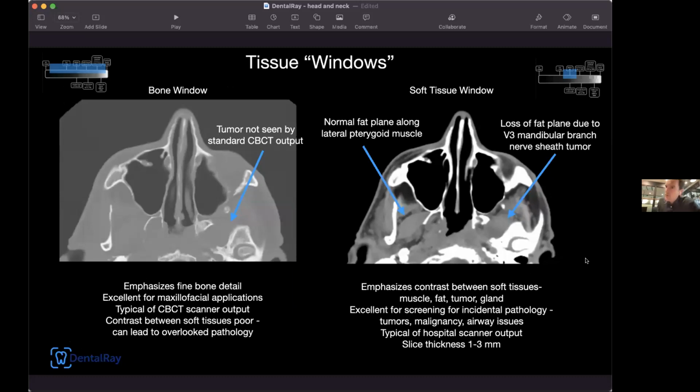When we're looking at cone beam CT, the typical output is, as Dr. Siegel referenced, very high spatial resolution, and it's particularly good for evaluating the bone.